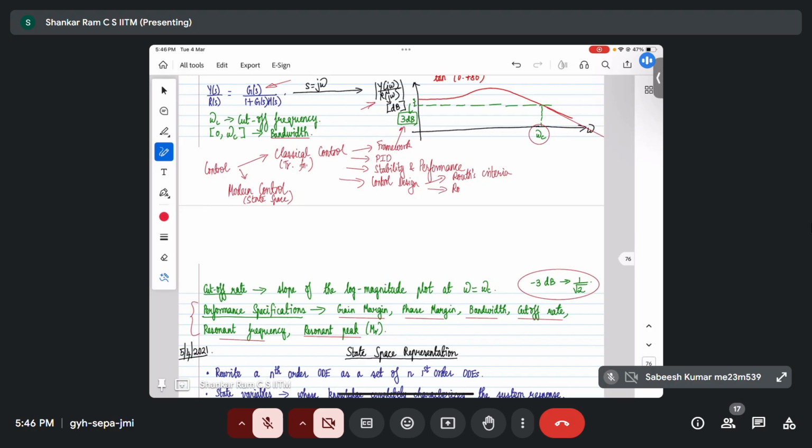Then we also looked at the root locus to figure out regions of the controller parameters. Then we looked at frequency response, where we looked at the Bode plot. The Bode plot helps us in experimental determination of transfer function.